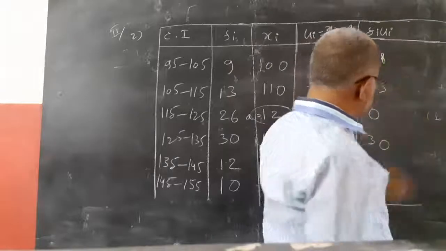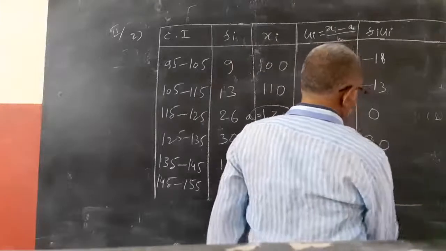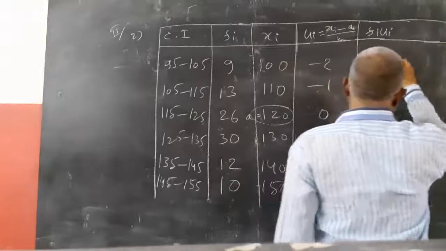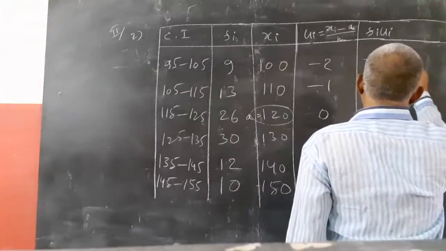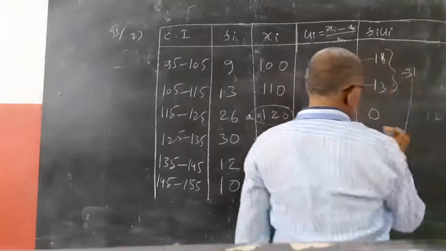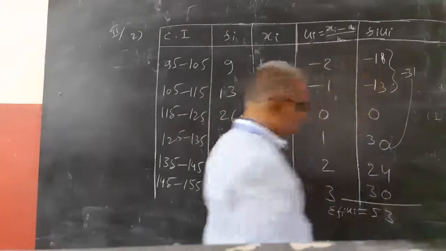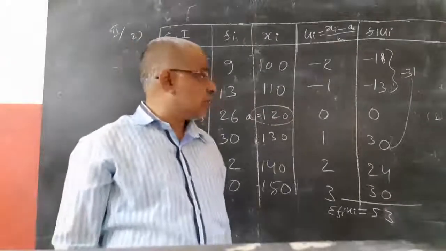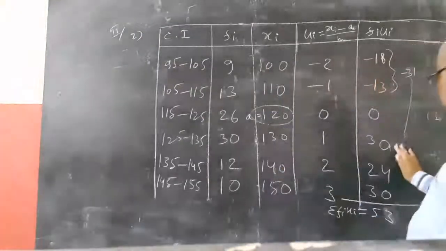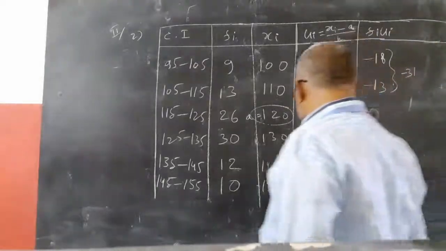These two are negative numbers, so add them first: 18 and 13 make 31, so minus 31. Then adding the positives, 30 plus 24 plus 30 is 84. Minus 31 plus 84 gives 53. So sigma fi ui is 53.